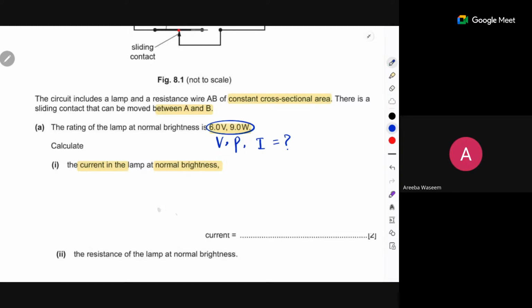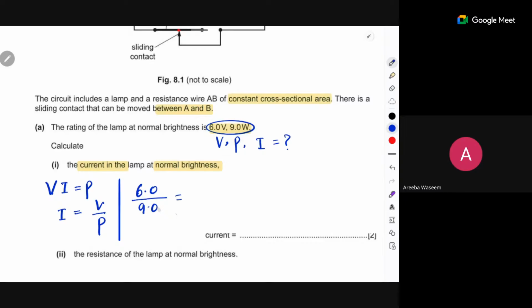Current. Is it? Everyone agreed? So when you are going to calculate this, which formula do you need? You need VI equals P. From here current is equals to voltage divided by power, or potential difference divided by power. So it is 6.0 volt and 9.0 watt.